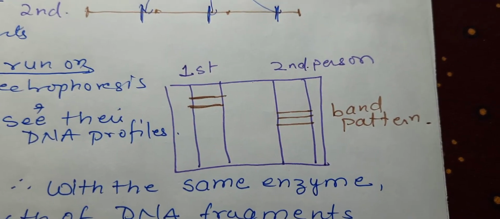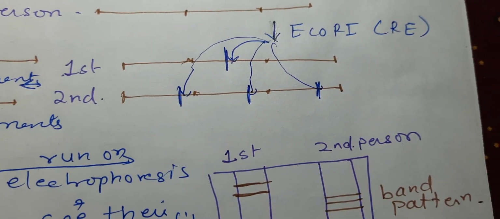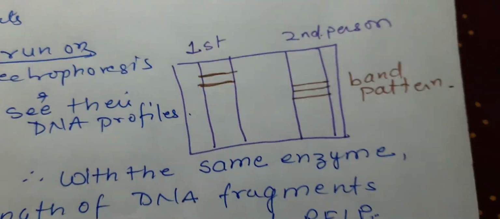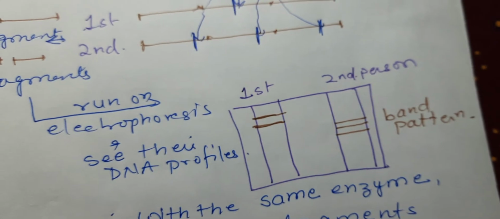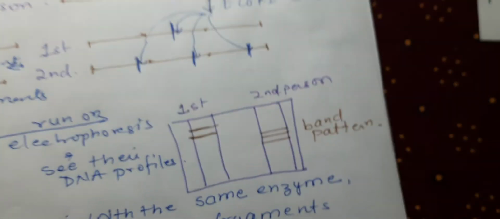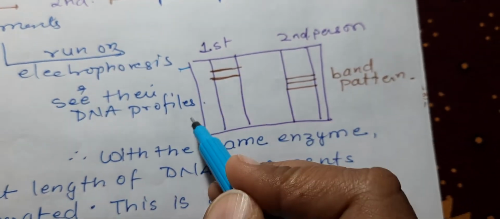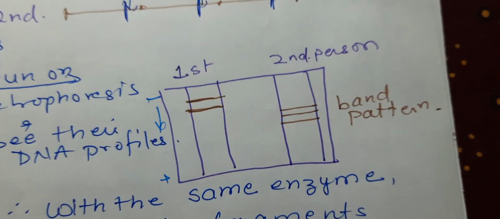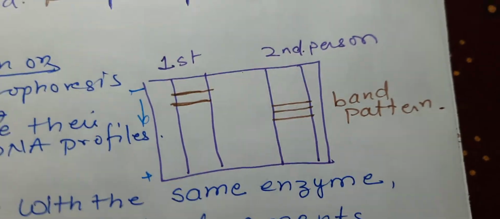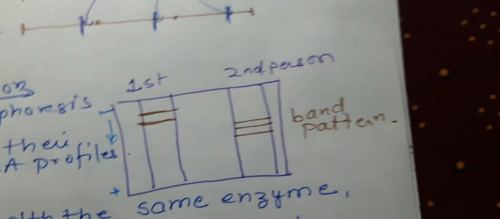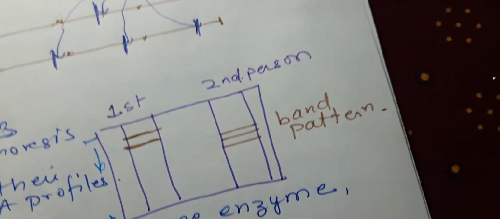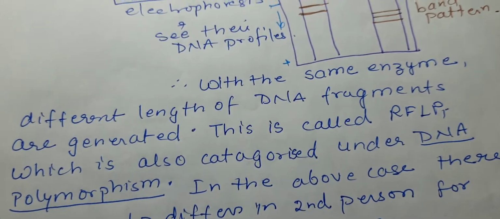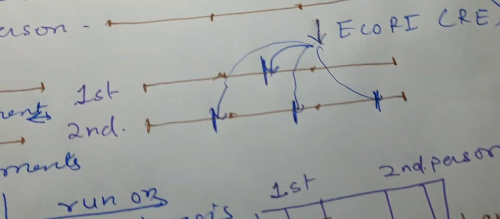For the first one, since they are large pieces, they will be toward the upper end from where we run the gel. Okay, it is always from negative to positive, so run in this direction. And the second, you will see 3 different band are seen. So with the same enzyme, different length of DNA fragments are generated.